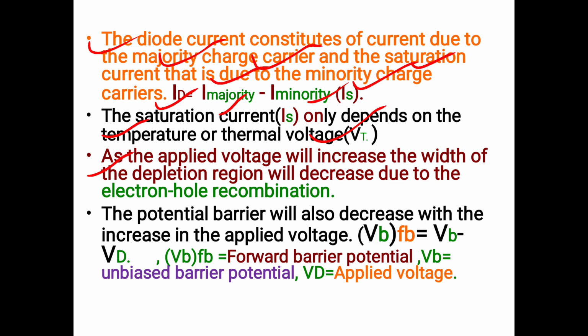As the applied voltage increases, the width of the depletion region will decrease due to electron hole recombination. We have seen that the holes will move from the P to the N type and the electrons will move from the N to the P type. So there will be recombination between the electrons and holes. As a result, the width of the depletion region is going to decrease.